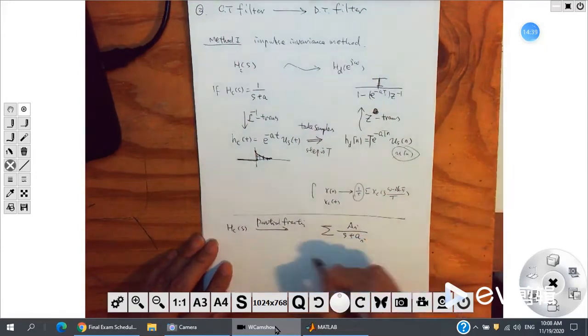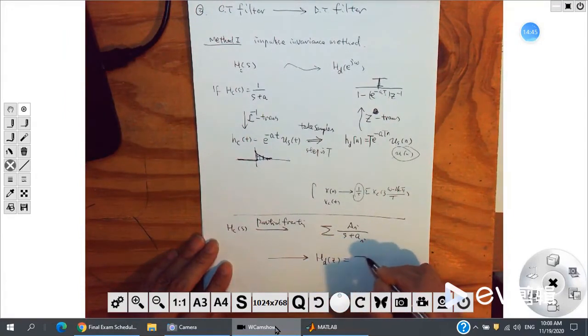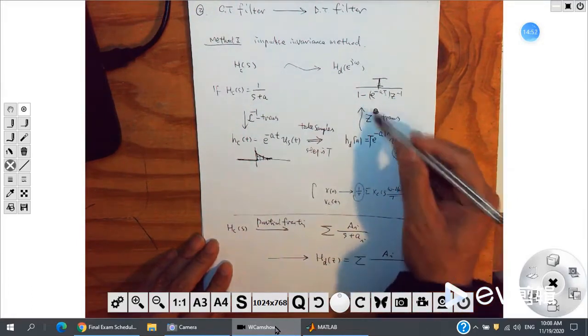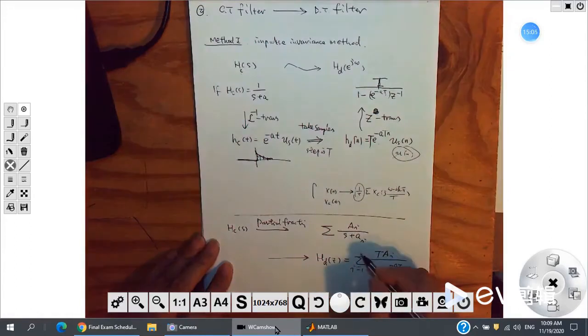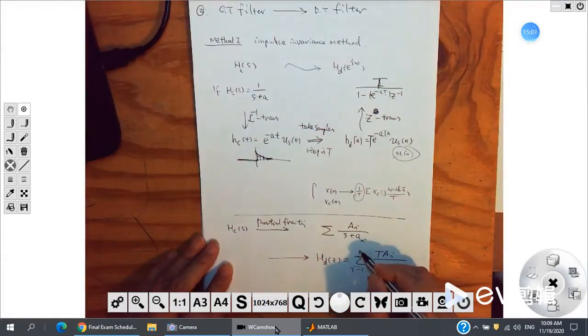And then H_d(z) is the summation of a_i, where s plus a_i is replaced by 1 minus e to the negative aT times z to the negative 1, and I also need a times T here. i runs from 1 to some number, depending on the order of the system.